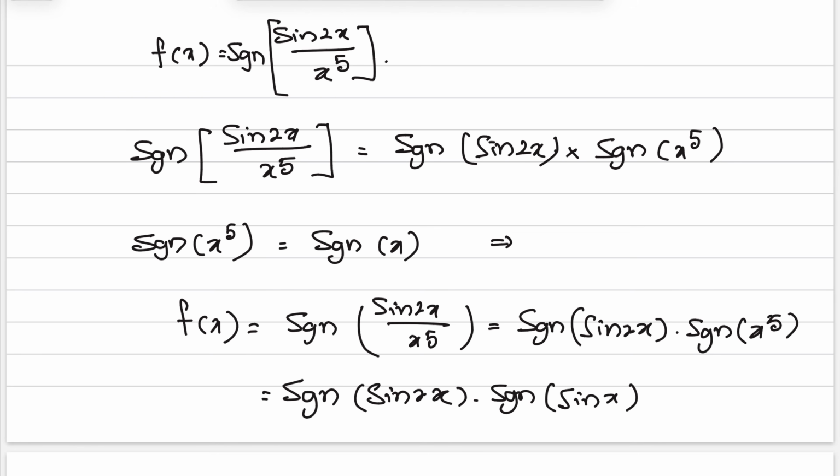Signum x to the power of 5 is nothing but signum x, not sin x, it is x only. Are you able to follow now?